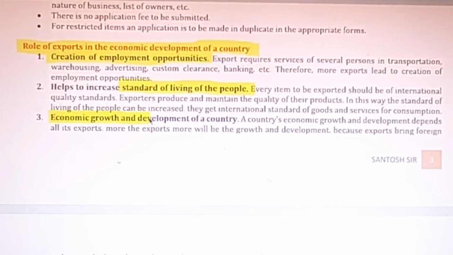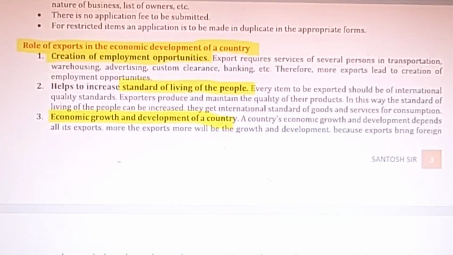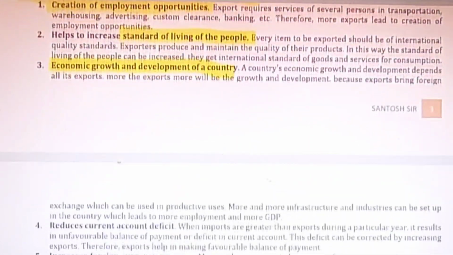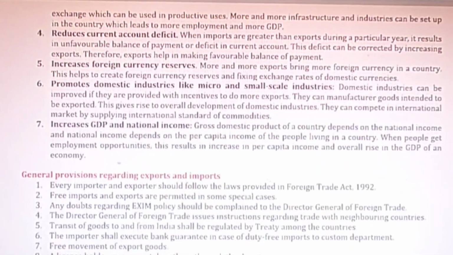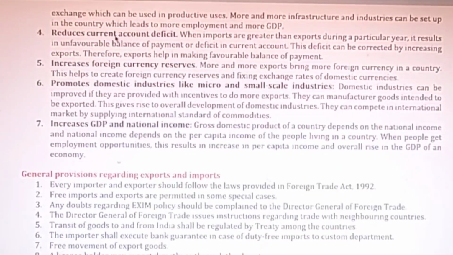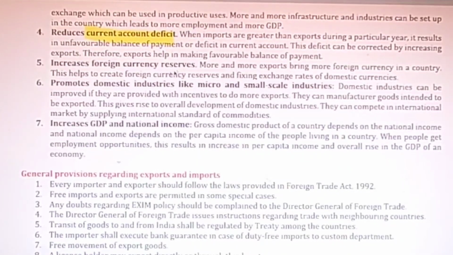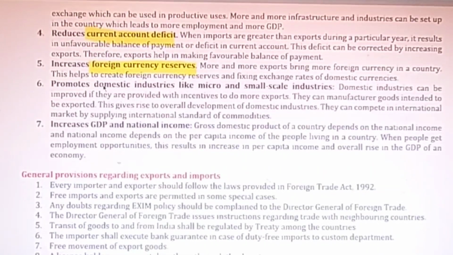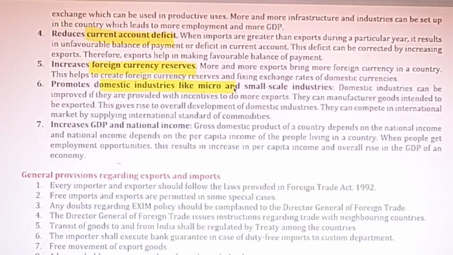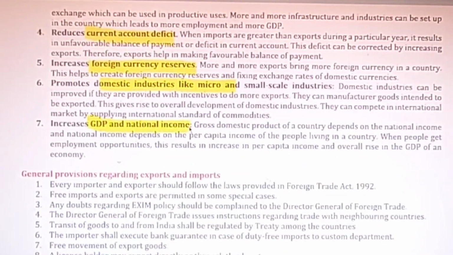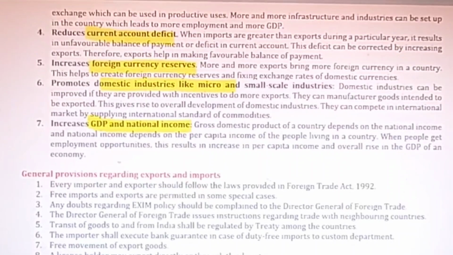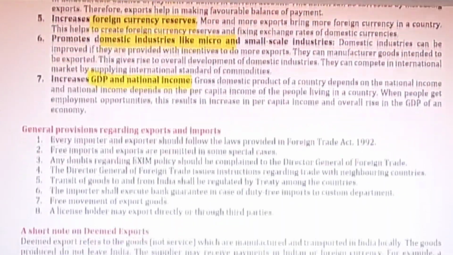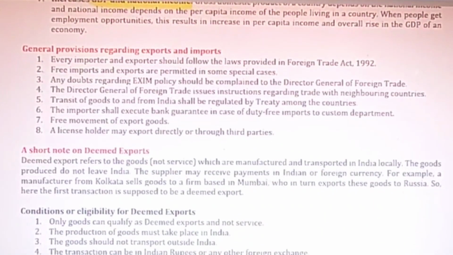Economic growth and development of the country is possible by more and more exports. Then it reduces the balance of payment deficit, and foreign currency reserves can be increased. Domestic industries can grow with the help of international trade, and it also helps in increasing the GDP and national income of the country.